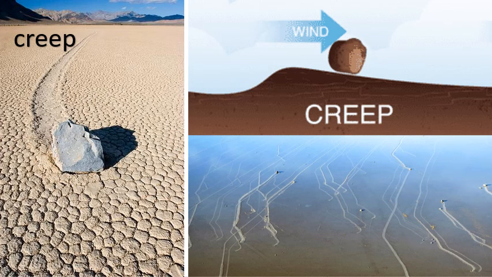Now, creep is a little bit harder to show you an active example because it happens slowly, a lot like land creep does. But wind can push or roll materials across the ground as well. And this is how wind is able to move big stuff. This is in Death Valley, California. It's the racetrack playa. And this is a place where for years scientists didn't understand and couldn't figure out, well, how are these rocks moving? Because it's not a down slope and there's no flowing water there.